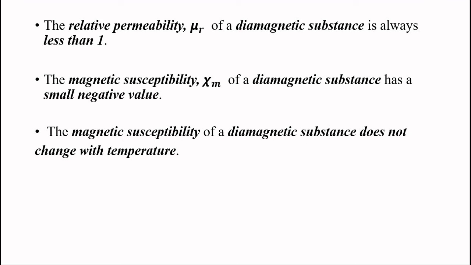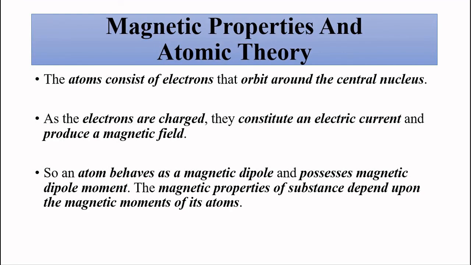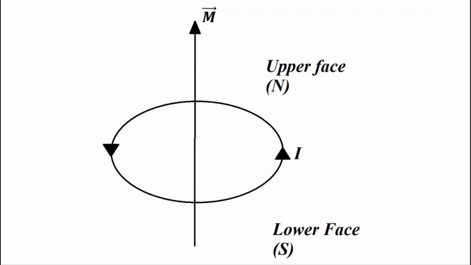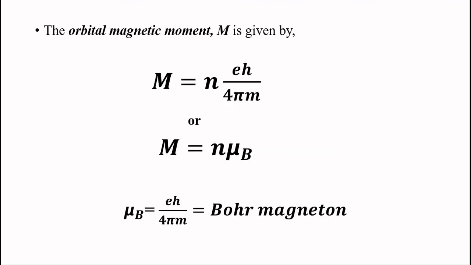Okay, so these are the important concepts related to magnetic materials, based on how different materials acquire magnetic properties, and why some materials attain a weak form of magnetism and some a strong form of magnetism. It is because of their orbital magnetic dipole moments, because of the movement of electrons around the nucleus and the orbital magnetic moment.